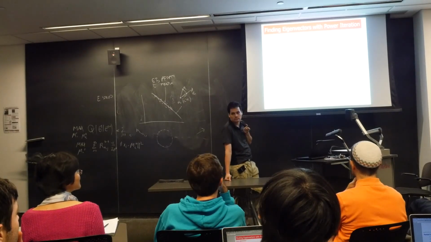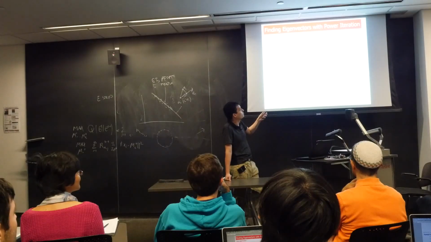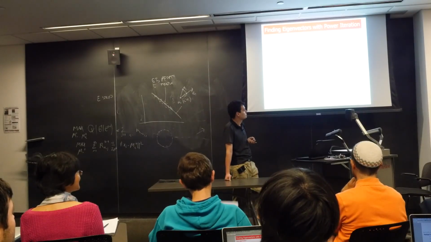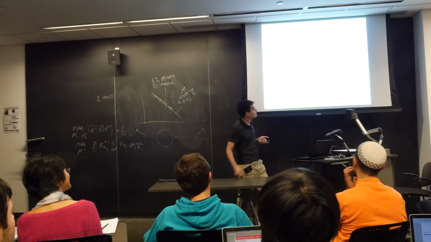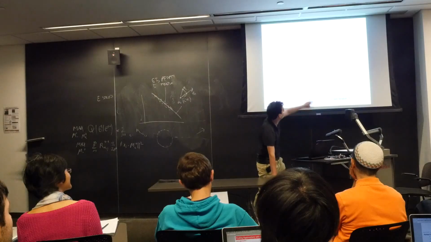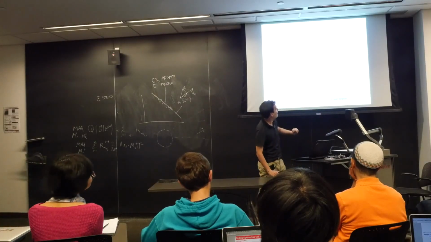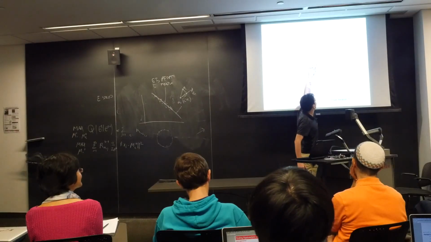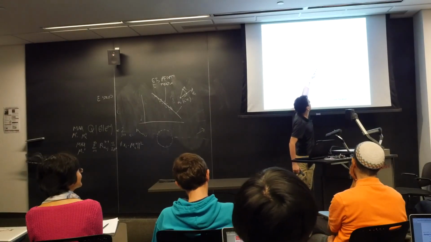You said you're just picking random v's? You start from a random v, and then you just do this iteration. Okay, so this is how it works. I did a MATLAB demonstration of this. So this is a point cloud, and this is the first principal component, second principal component, third principal component.